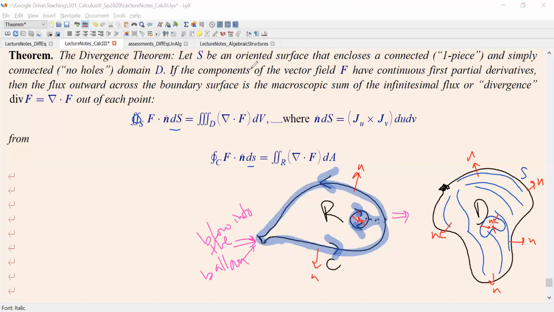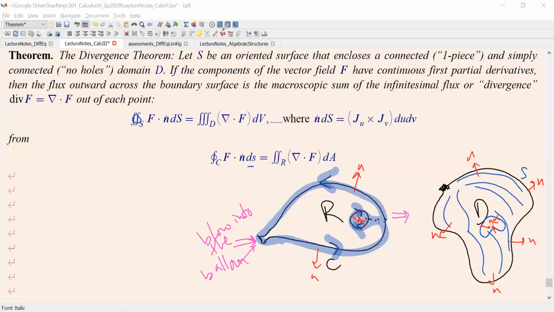It's the magnitude of the cross product between two columns of the Jacobian corresponding to the two variables that describe the surface at that point. And then when we multiply it by the normal vector, which is that cross product divided by its magnitude, the magnitudes cancel out. We've seen this a lot of times with the magnitude of the velocity vector in the unit tangent vector. That's canceling out. And so again, we get a normal vector multiplying by the du dv or dv du. Either order is fine.